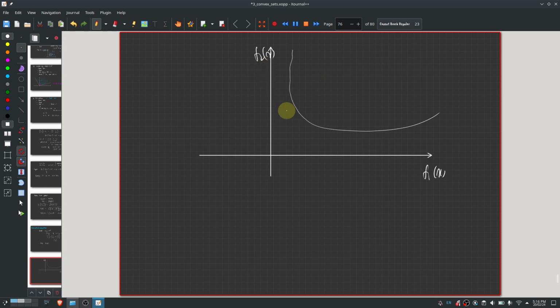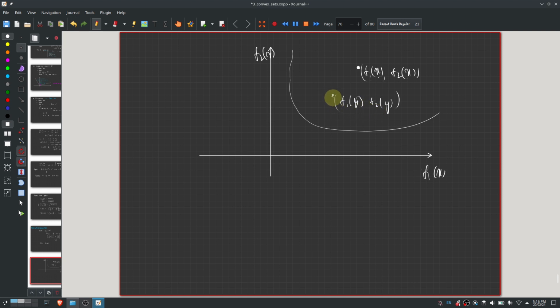Suppose my goal is to ensure that both f1 and f2 are small, and I consider two different points. Suppose this is one point, corresponding to x, so this is f1 of x, f2 of x, and this is another point y, so this is f1 of y and f2 of y.